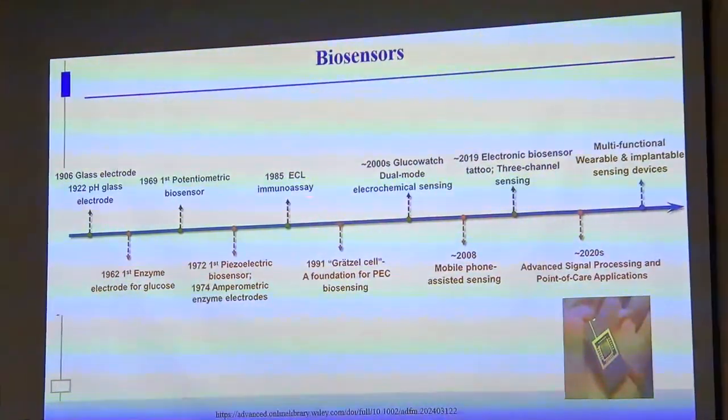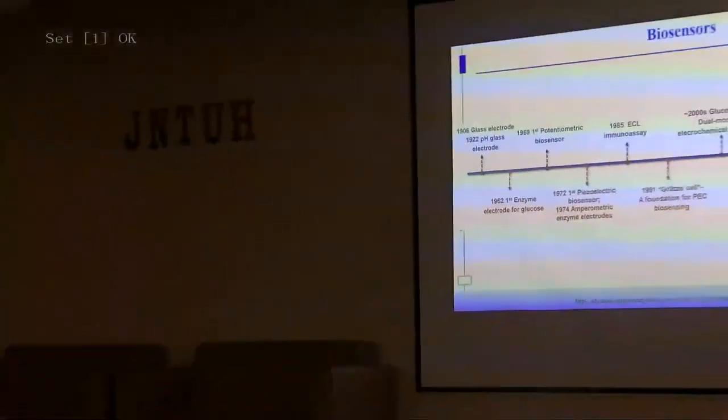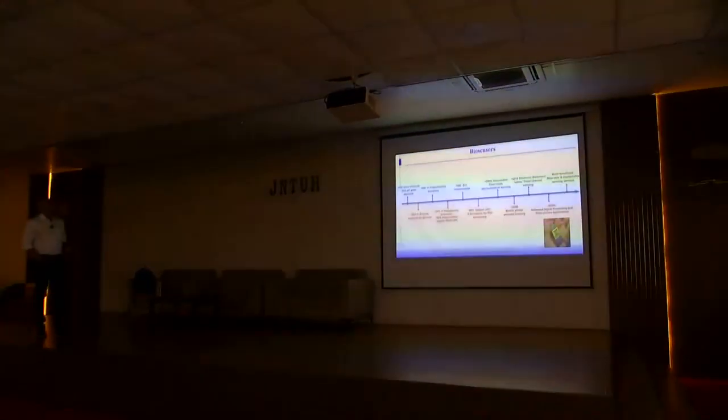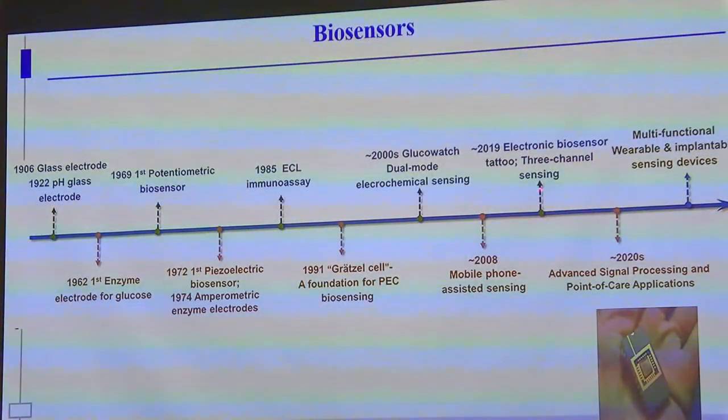In 1985, ECL immunoassay. Then in 1991, something about red blood cells, which is the foundation for PEC biosensing. Going on, in 2008 we have mobile phone assisted sensing, and in 2019, the electronic biosensor tattoo, which is a 3-channel sensing.